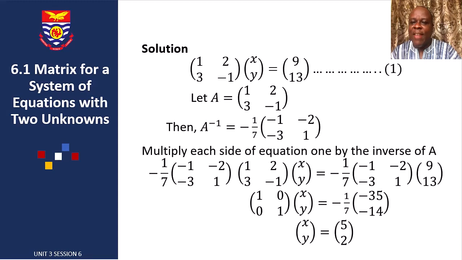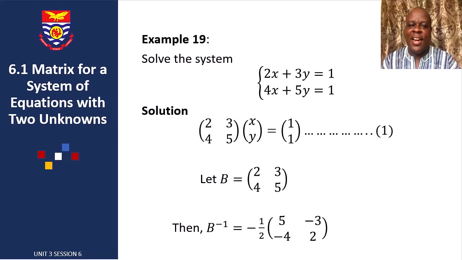Then at the right hand side we have negative 1 over 7 into bracket negative 35, negative 14. And when we simplify that, we see that xy will be equal to 5, 2. We conclude therefore that x is equal to 5 and y is equal to 2.